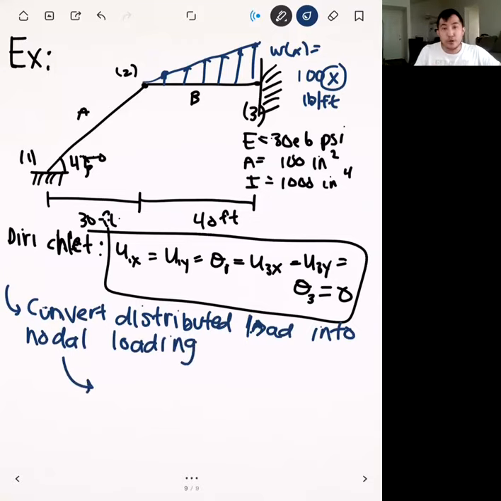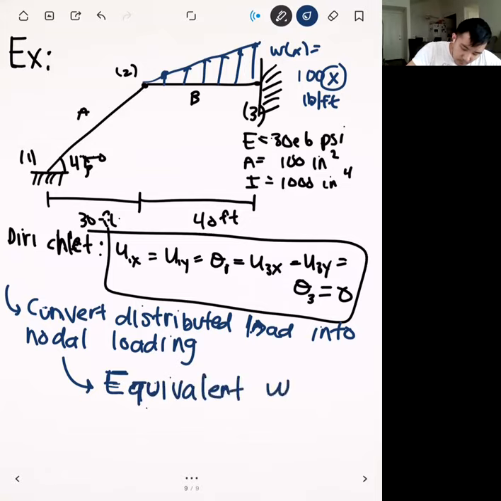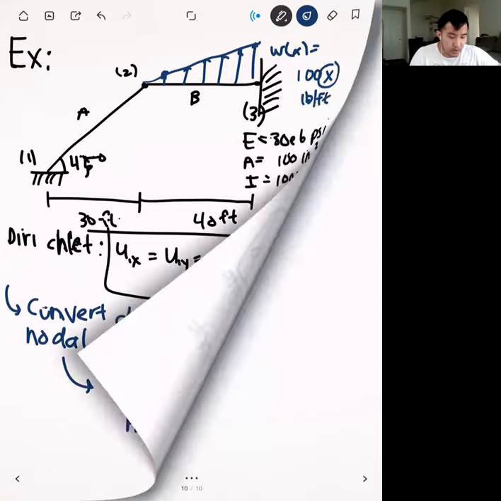Remember, we do this using the principle of equivalent work. We're going to run through that lengthy integral process, so let's go ahead and start.